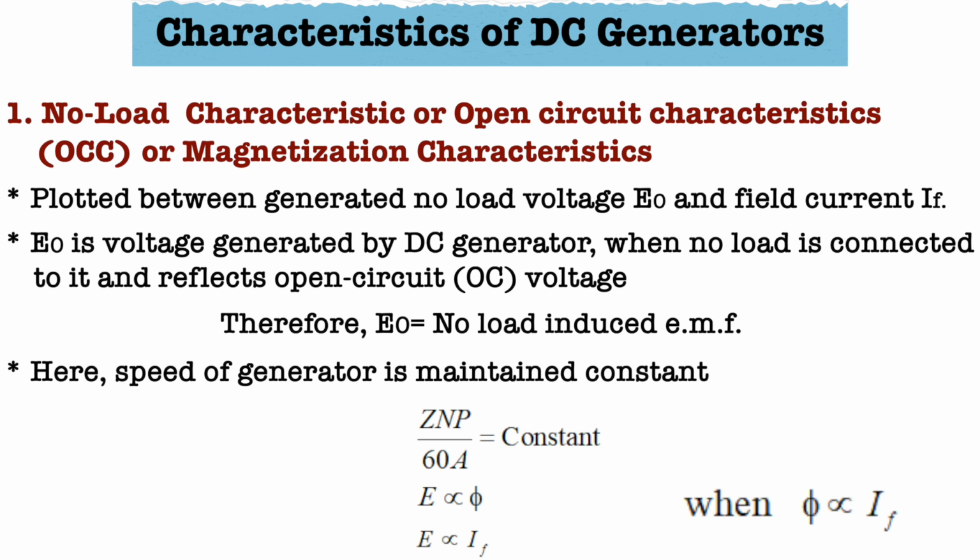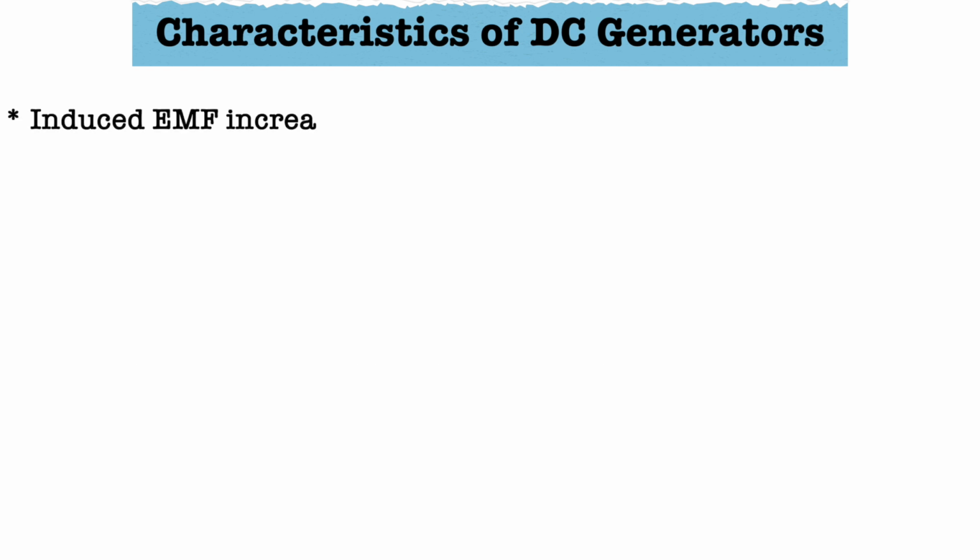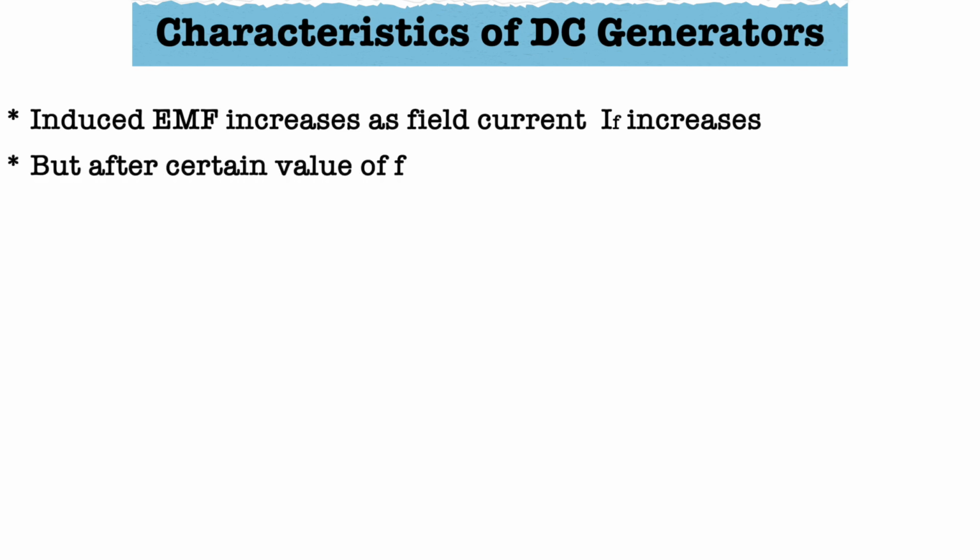So, the flux being proportional to the field current IF means the induced EMF increases directly as the field current IF increases. But after a certain value of field current, the core gets saturated. This is due to saturation effect. What is saturation effect?